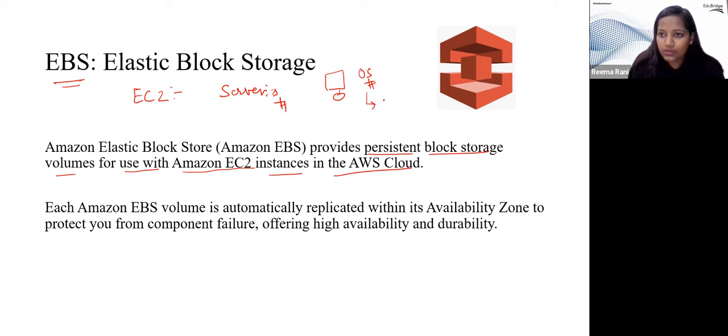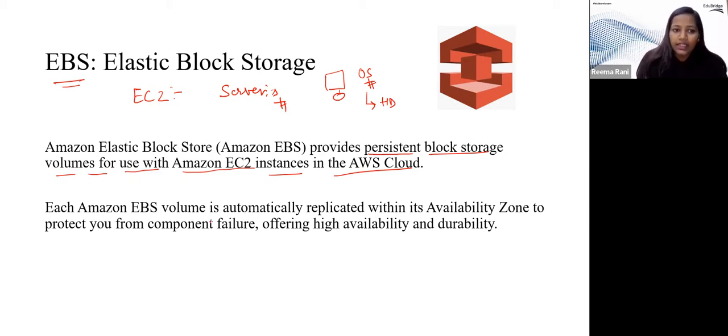On the block-based device, that is your hard disk. So this EBS or block storage works as a hard disk for your server, because your server also needs an operating system to work. This is the device which is attached to the server. That's why it is written that it's a block storage that is used with EC2 instances.